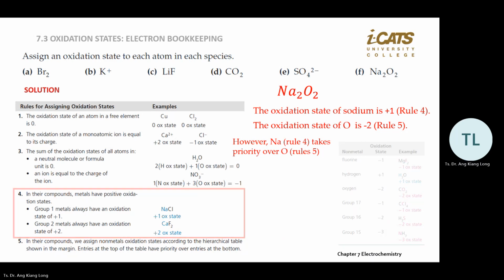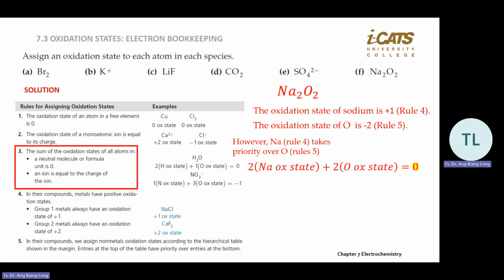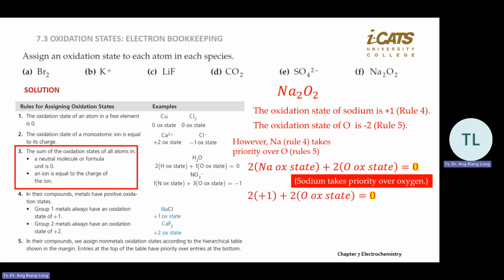Okay. So here, when you write this equation, you already know Na is group 1, rule 4, which has higher priority over oxygen. So you do Na first. You write Na first, then you solve for oxygen. So you write 2 bracket +1 plus 2 bracket OX state, and you solve for the unknown O. Plus 1 multiplied by 2 is plus 2.